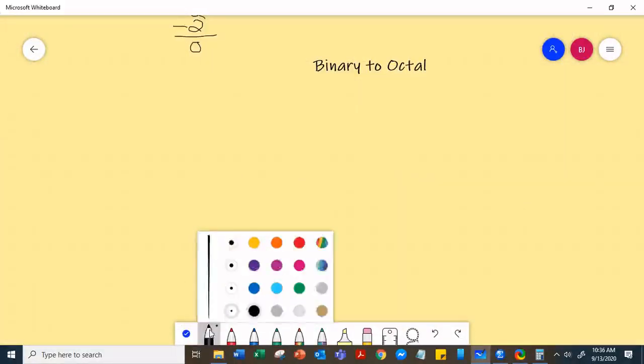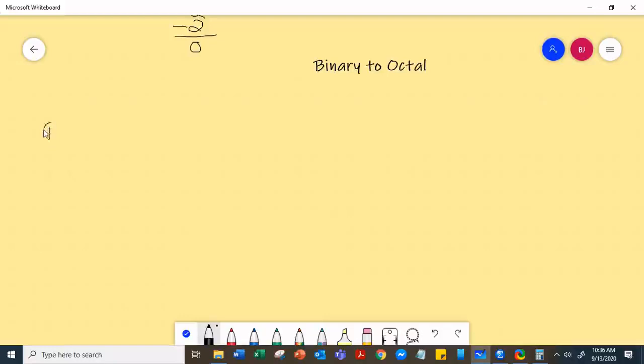So for number 1 here, we have 5 ones, then 0, 1, 0, base 2, to be converted to octal. With the octal number system, as discussed, it only uses digits from 0 to 7.